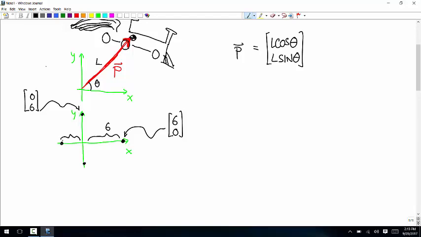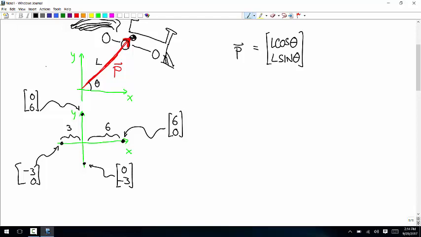This one looks shorter. Let's say this is 3. So what would be the coordinates of that point? -3, 0. And then let's say this is also 3. So what would be the coordinates of that point? 0, -3.